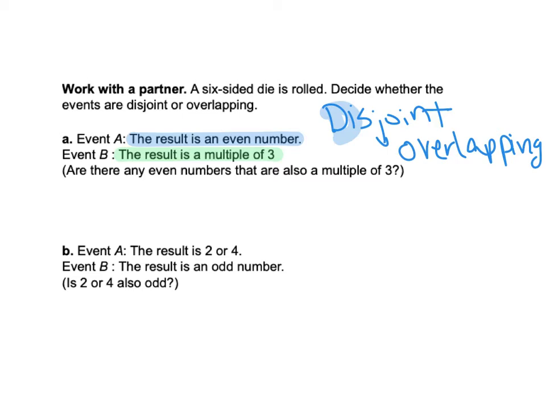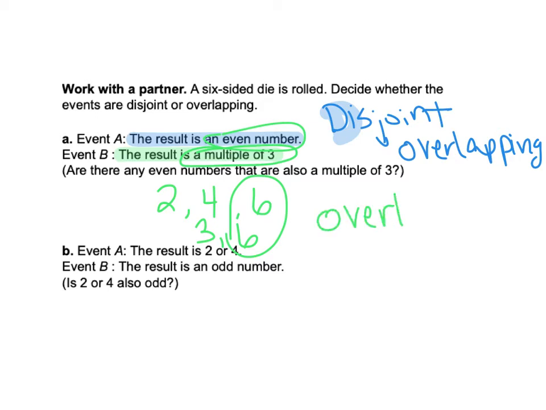The even numbers are 2, 4, and 6. The multiples of 3 would be 3 and 6. To know if it is disjoint or overlapping, we see if there's anything they have in common. And if you notice, there's a 6 they have in common. Those 6s would overlap, so we would call this overlapping.